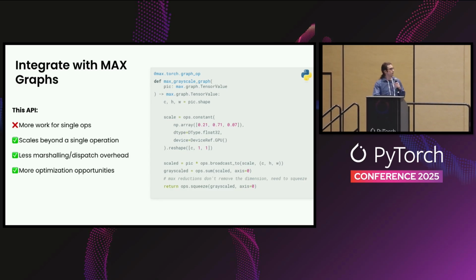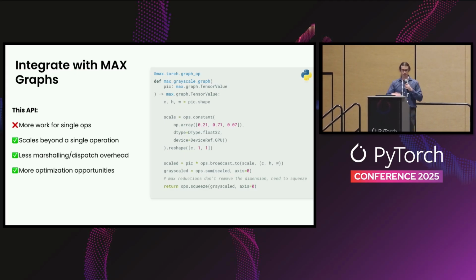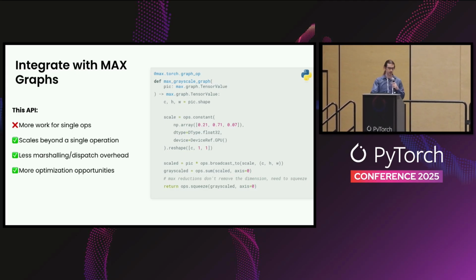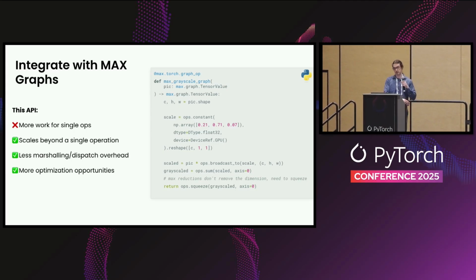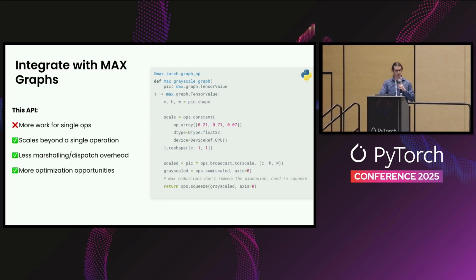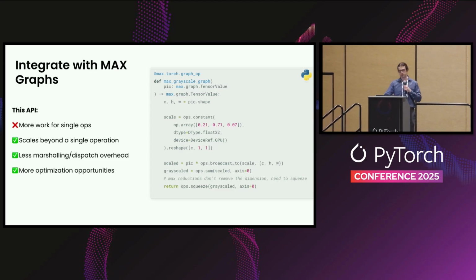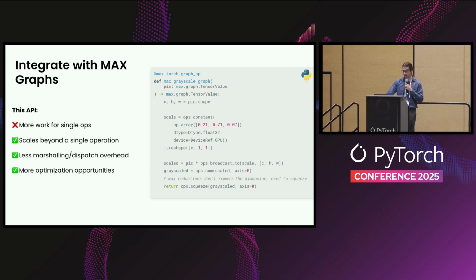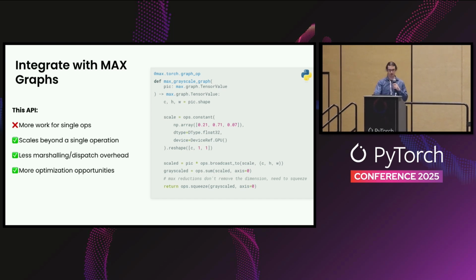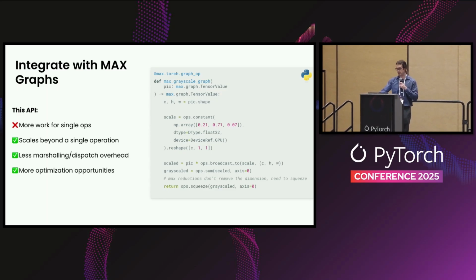Once you have curated more than a few custom operations, there's a good chance you'll want to use this particular API. This API scales a lot better beyond single operations, mostly because it has fewer boundaries between PyTorch and our execution engine, and it gives a larger context for our execution engine to optimize. The code on the right here is an implementation of the same grayscale computation, implemented in terms of the MAX Graph API.